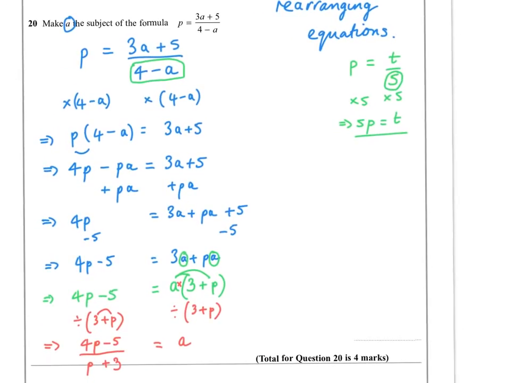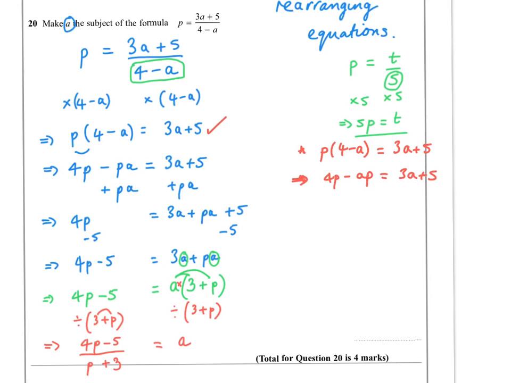If we start the question and get to this stage here, then we'd have p lots of 4 minus a equals 3a plus 5. Again, multiply out, we'd have 4p minus ap equals 3a plus 5.